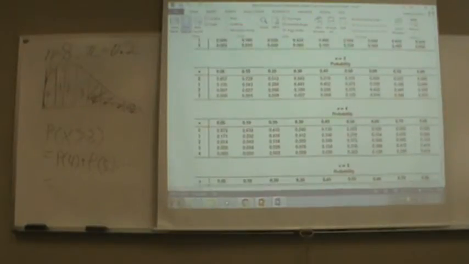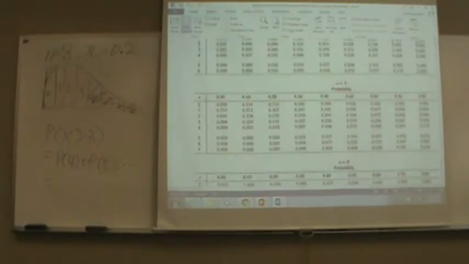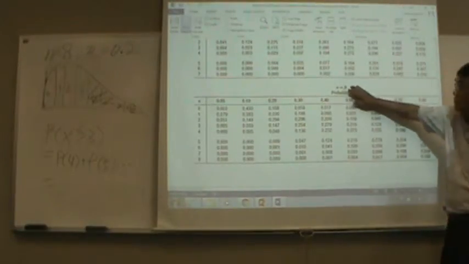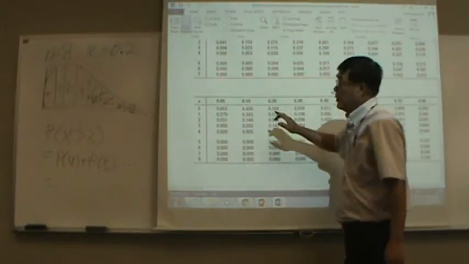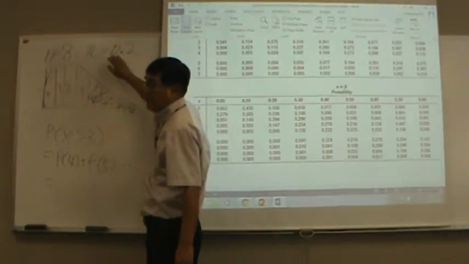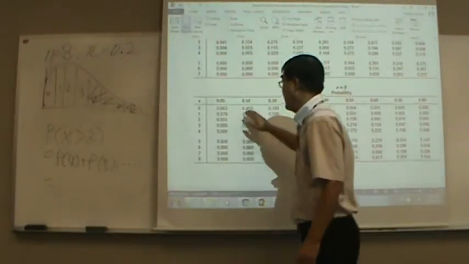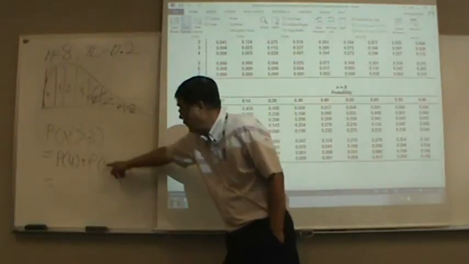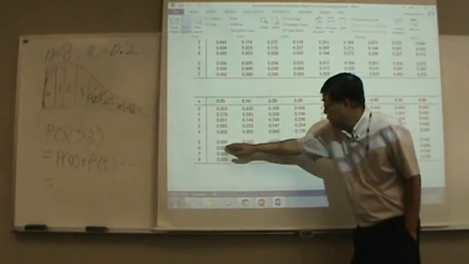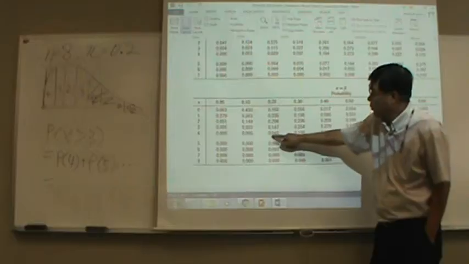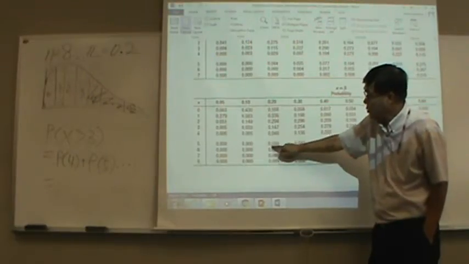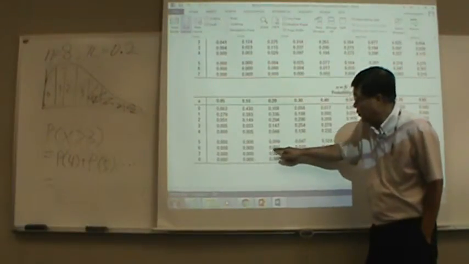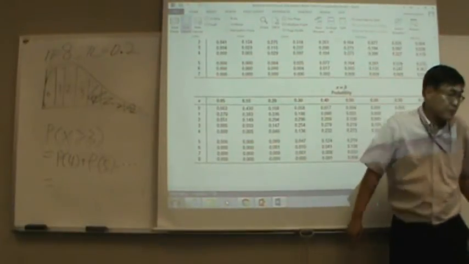From the table, find n equals 8, then pi 0.2 here, then find P4, P5. P4 is 0.046, P5 is 0.009, P6 is 0.001, and so on.